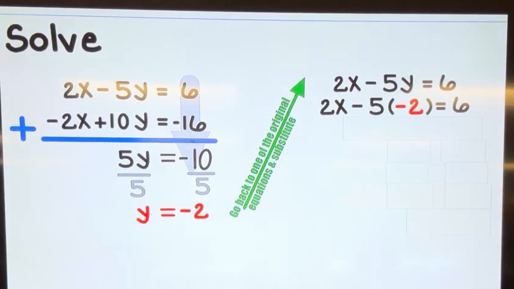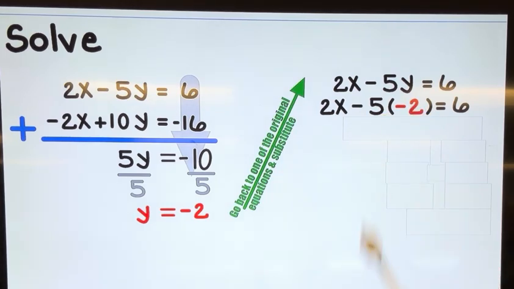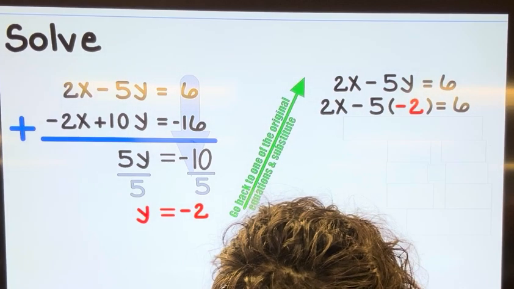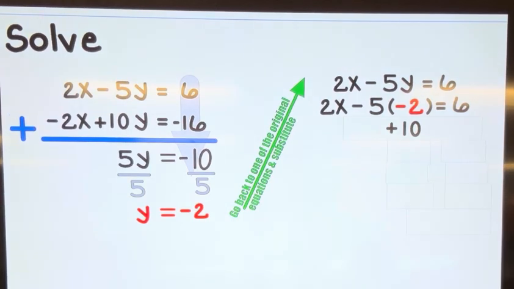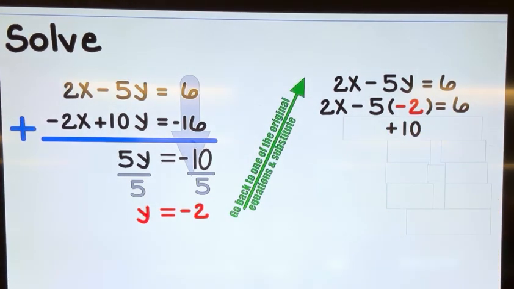Now we want to solve this equation. Before we can start moving letters to one side, numbers to the other, we want to simplify. And if we simplify, we can take negative 5 multiplied by negative 2, and we get positive 10. We want to bring down the 2x and bring down the equals 6.